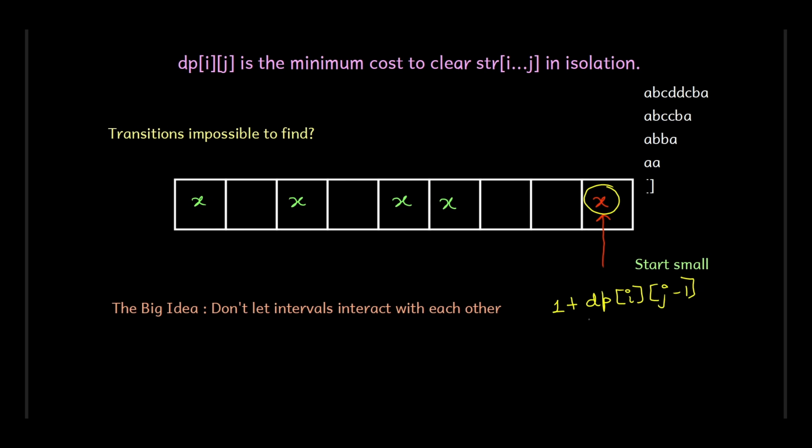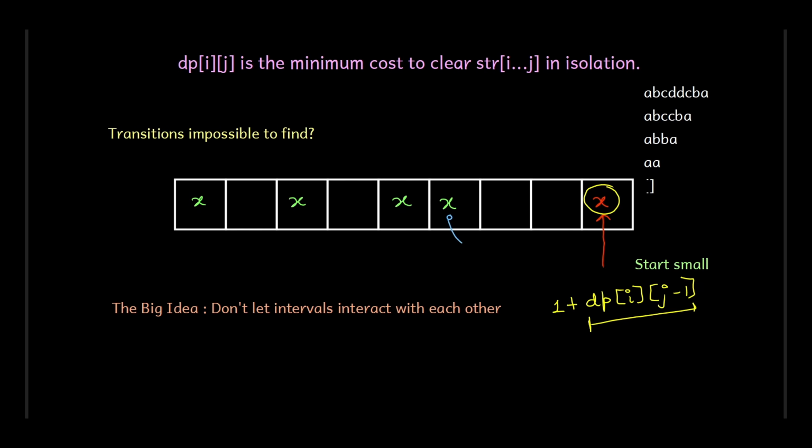And then you can see that you now have a subproblem. That is, you are now interested in the answer when you only have this segment available to you. So far so good. But now what if this x is not deleted alone? In that case, there must exist some left neighbor of x. And what can that left neighbor be?